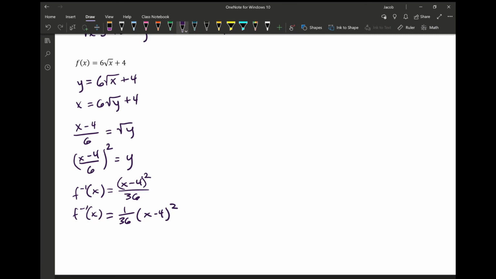This quadratic, if we were to graph it in red, we'll graph the original radical. The original radical is shifted up 4 and it's stretched a lot vertically because it has that 6 there. And then the inverse function will be moved right 4, and then it's squashed a whole lot vertically.